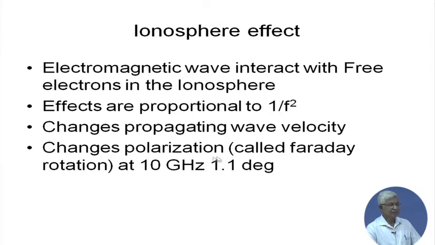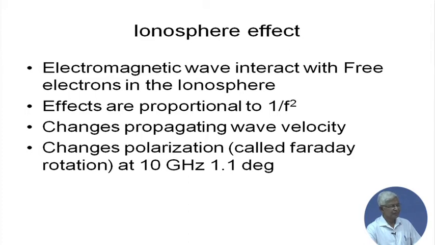It also changes the polarization. The electric field vector will get rotated, which is called Faraday rotation, and at 10 gigahertz it is about 1.1 degree, very very small. So because of this depolarization, whatever the residual vector which remains in the intended polarization is reduced by a very small amount.